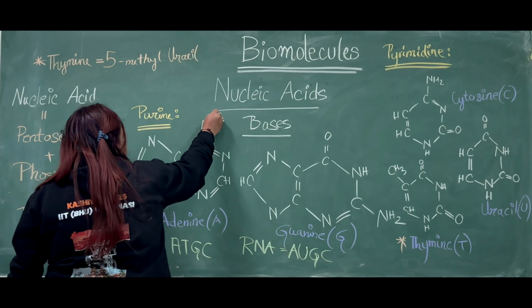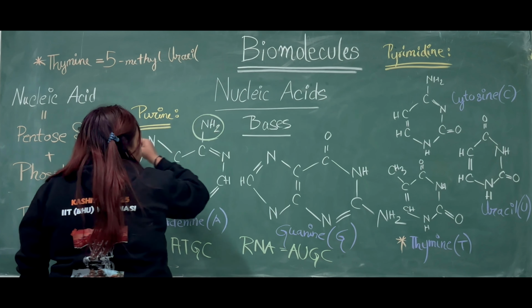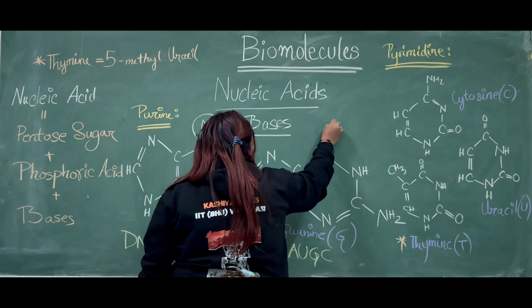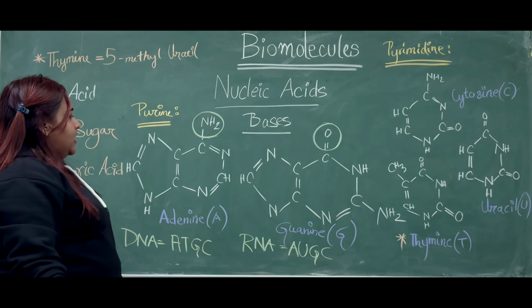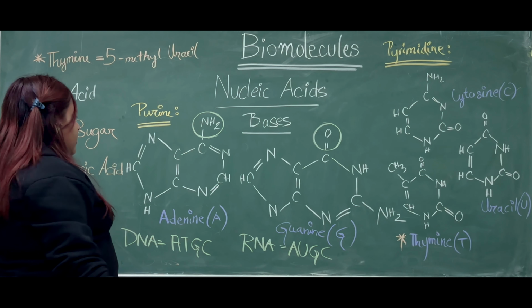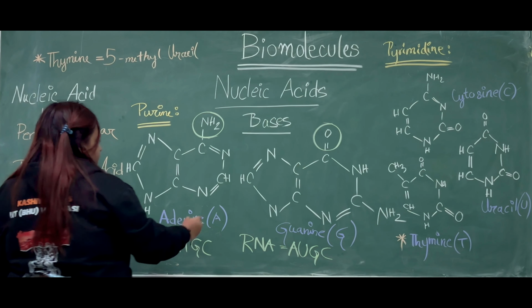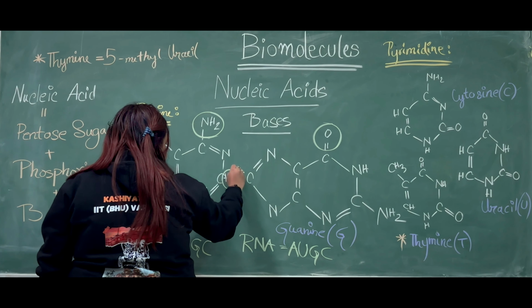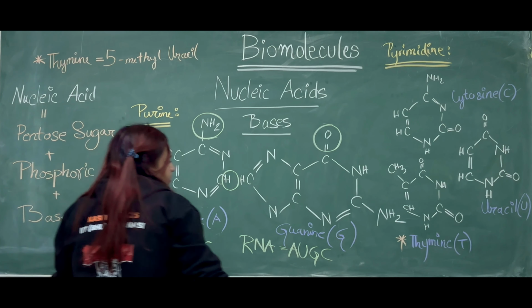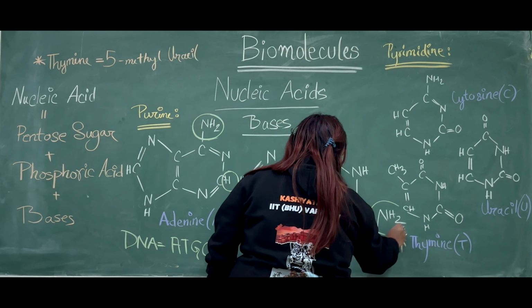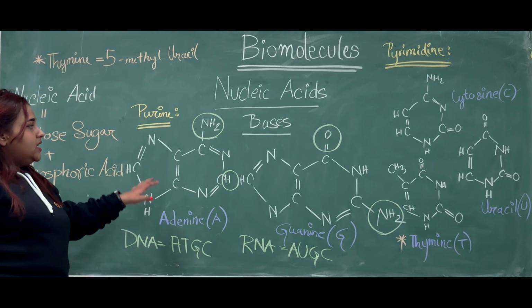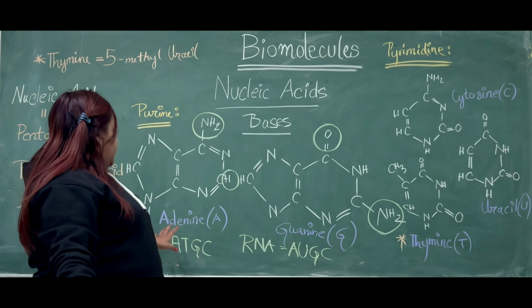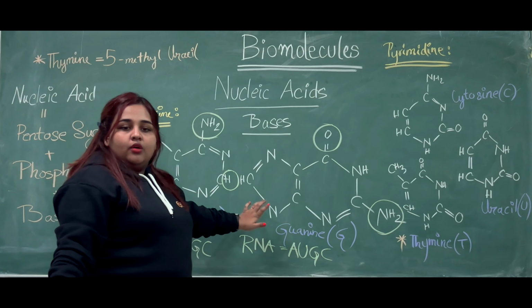First, in adenine, you can see there is an NH2, while in guanine, we can see that there is an oxygen. Next, here we can see that there is a hydrogen, whereas in guanine there is an NH2. So these are the only two differences between adenine and guanine.